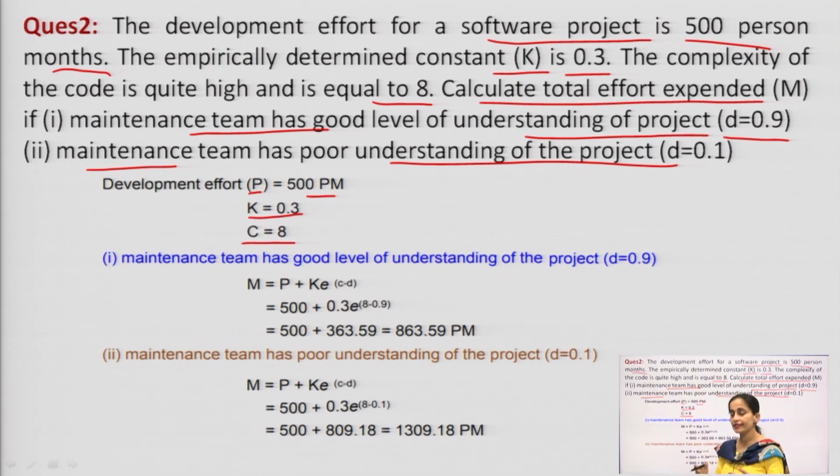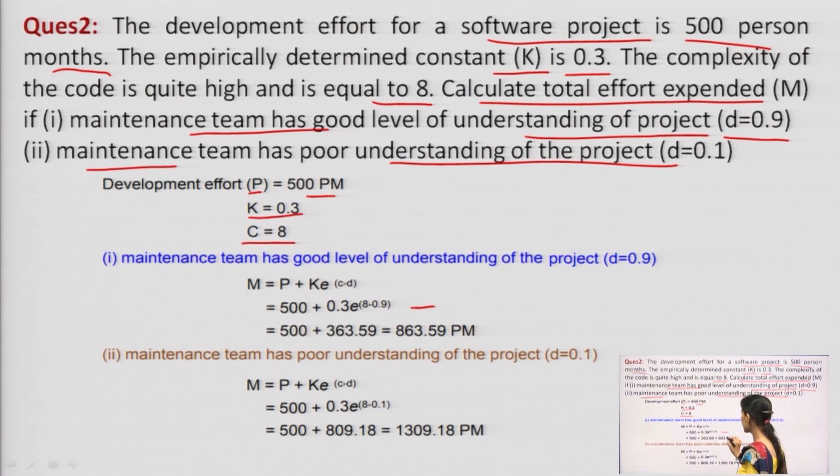For the first and second parts, taking different values of D, we need to calculate the total effort expended M. That comes out to be P plus K e to the power C minus D, 500 plus 0.3 e to the power 8 minus 0.9.